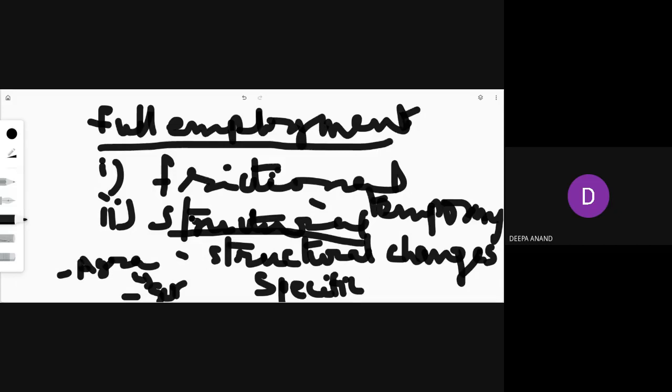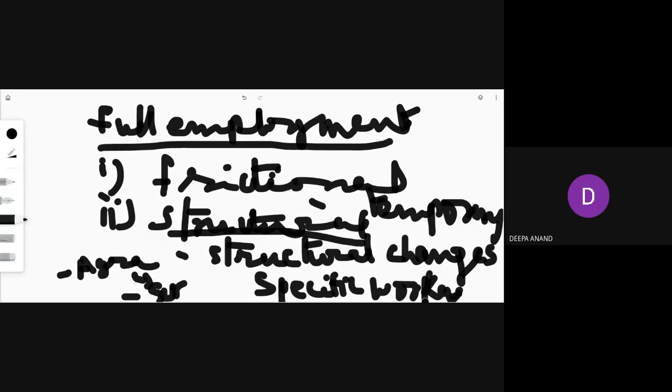And these two types of unemployment happen under full employment. Actually, the economy was running on full employment. Everything was going on at full employment, and in between, some person left one job and was moving to another job. Then frictional or temporary unemployment happens. So all the persons were engaged in jobs, full employment was there. Meanwhile, some structural change happened in the economy, due to the introduction of a government policy, and some specific workers were needed. The knowledge you have is not enough for a particular job.